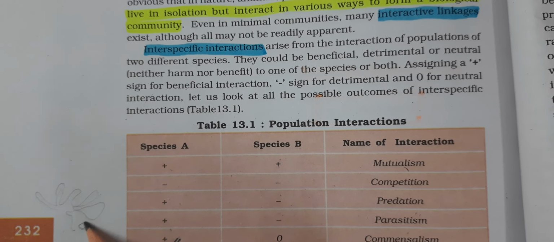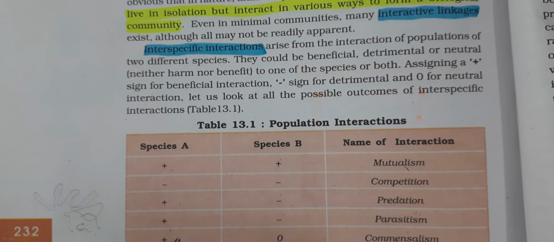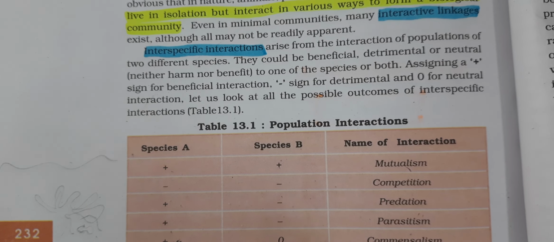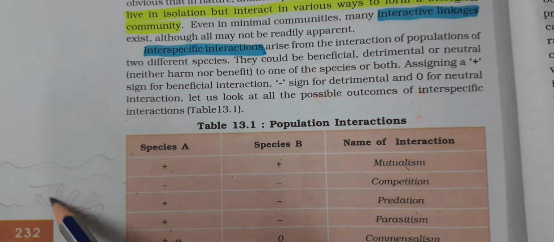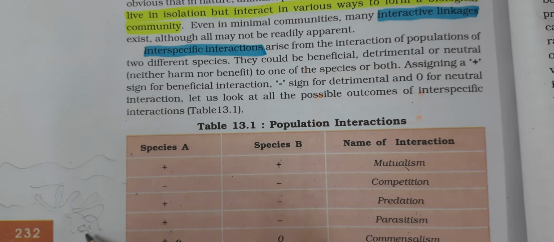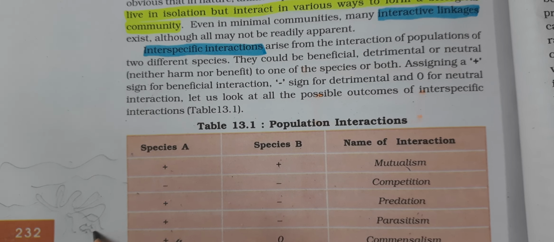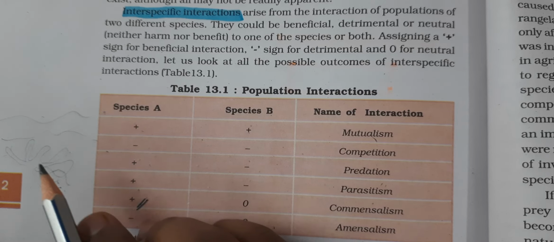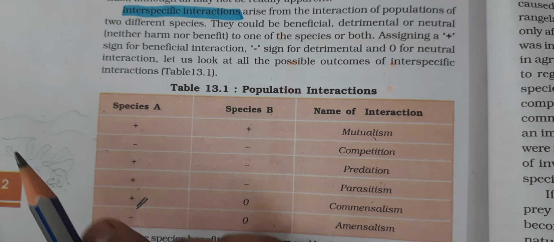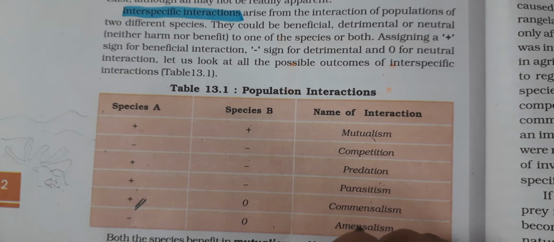It just goes under the sea anemone. The fish is being protected, the sea anemone has no benefit, so it's neutral, and it is not detrimental either. So it is commensalism.